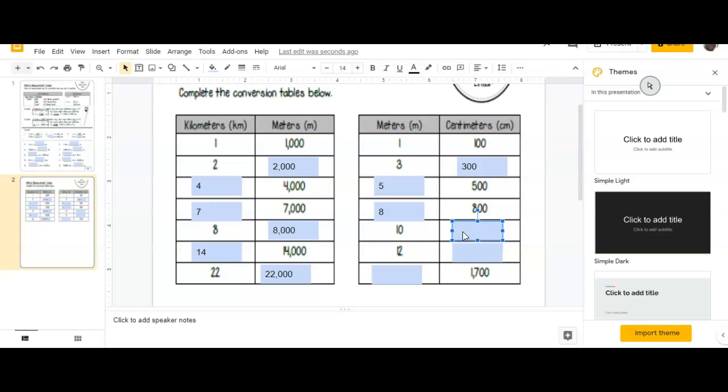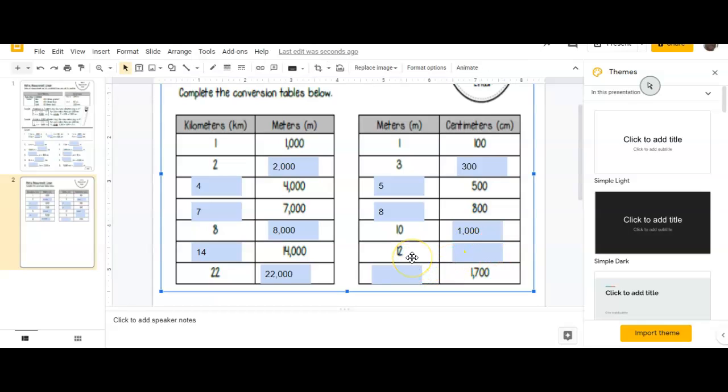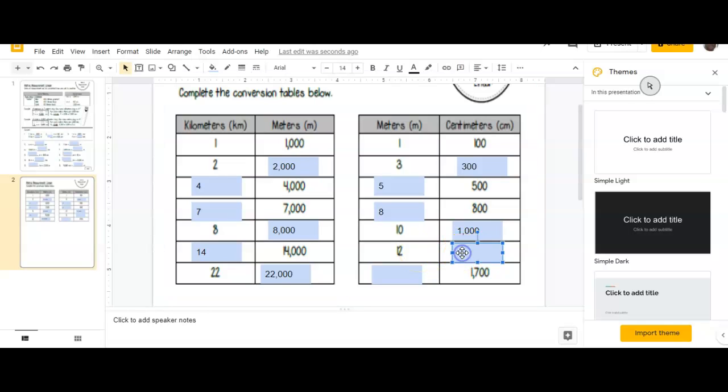So I know I need to have my 10. If I times it by 100, that's 2 more zeros. So my answer is actually 1,000. If I have 12 meters, that's 100 centimeters 12 times. So 12 times 100 would be 12 with my 2 zeros for my hundreds. I'll add a comma in there.